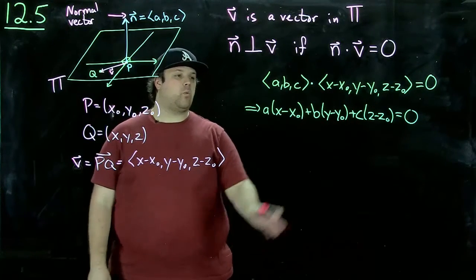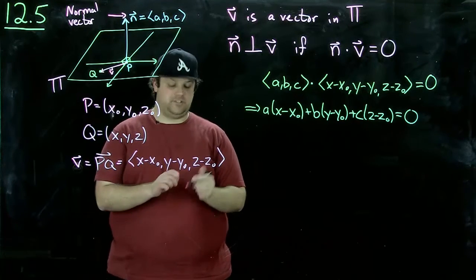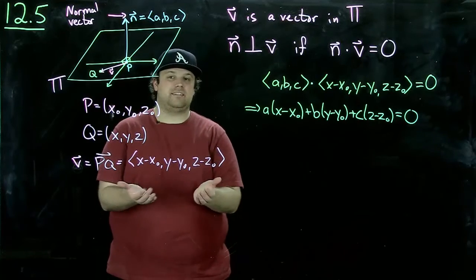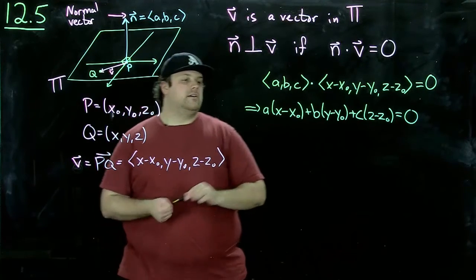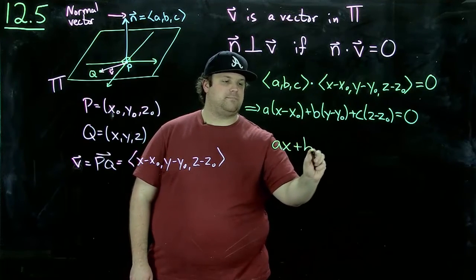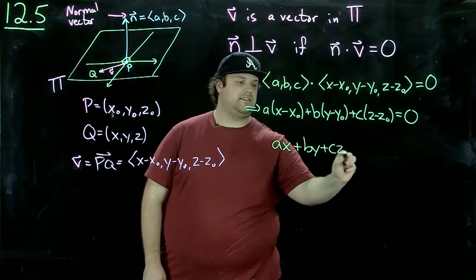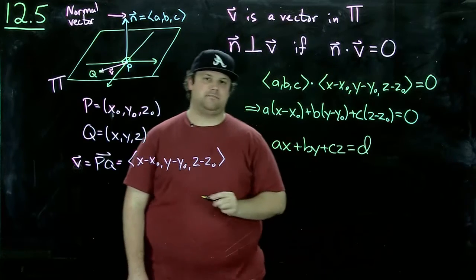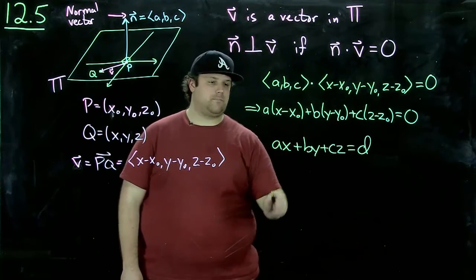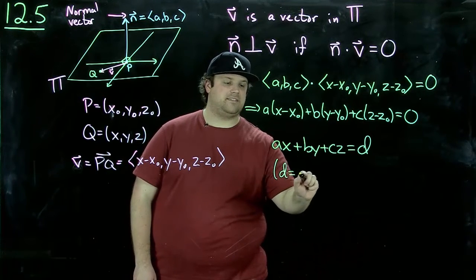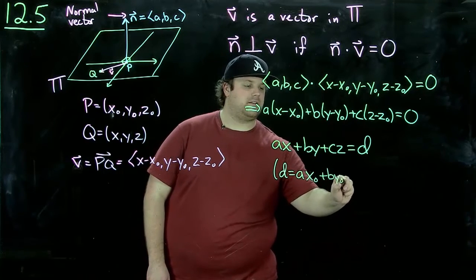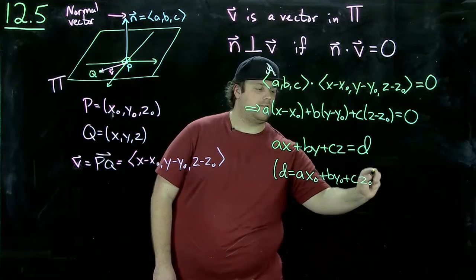All right. So one more thing we can do here with this equation is actually combine it down to a very simple thing. We can combine this all to ax plus by plus cz equals d. Right? And that's just by multiplying everything out. So of course d here is going to end up being ax naught plus by naught plus cz naught.